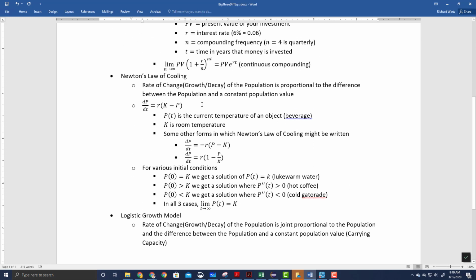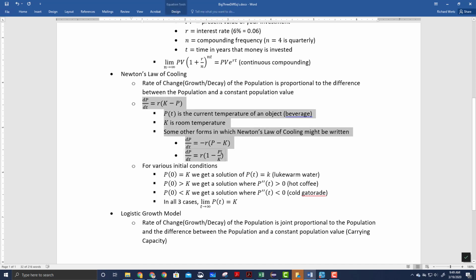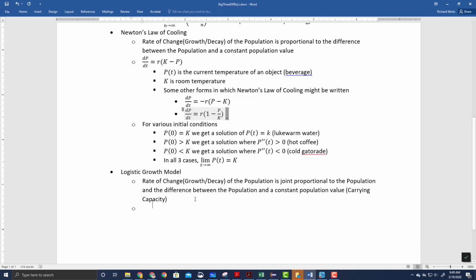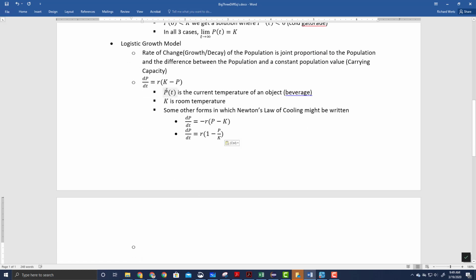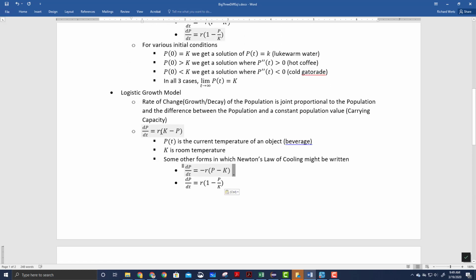So let's copy this stuff here, and we'll start to say some things. The difference here is that it's proportional to the difference from this carrying capacity, but it's also proportional to the population itself. And here P of t is a population.